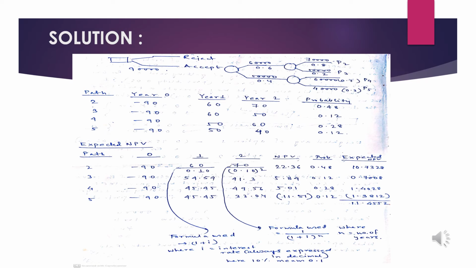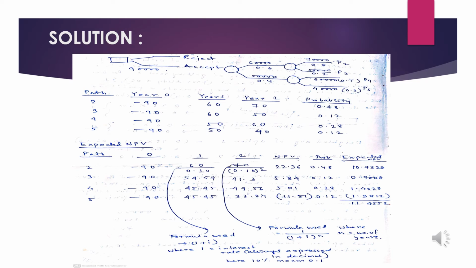If the organization continues with the acceptance decision, that branches out to two further outcomes in the first year, 60,000 and 50,000, with probabilities of 0.6 and 0.4 respectively. The 60,000 node branches out into two more, 70,000 and 50,000, with respective probabilities of 0.8 and 0.2.